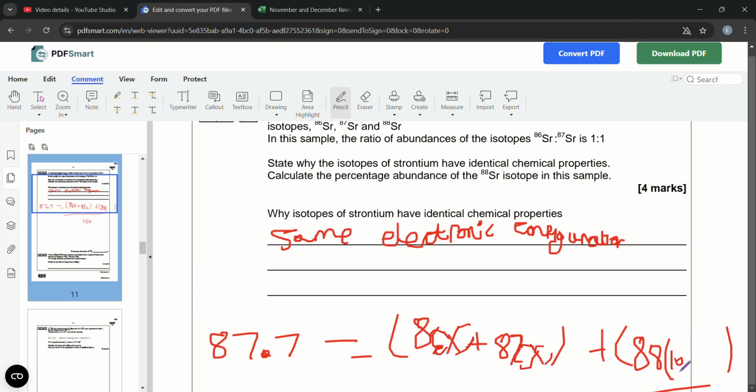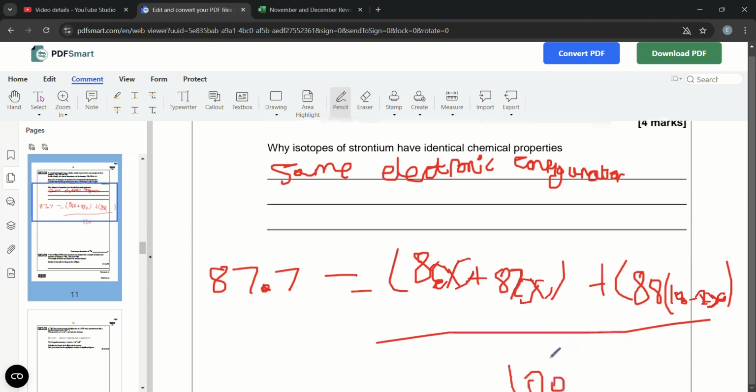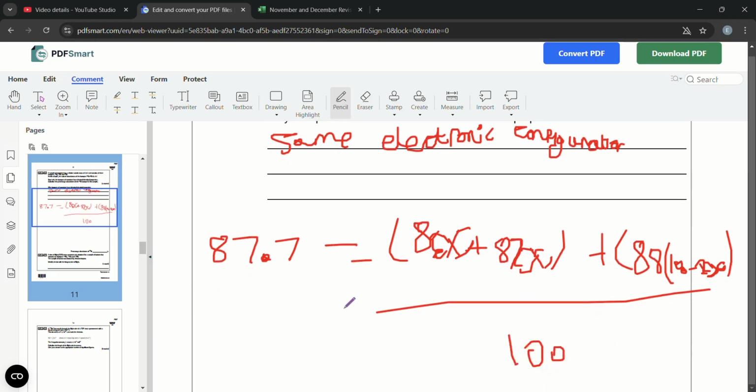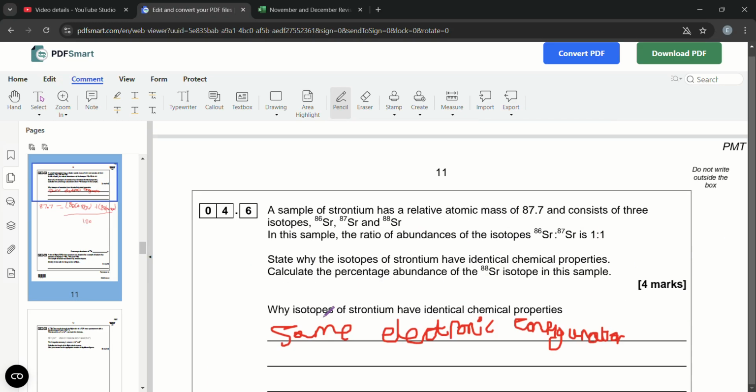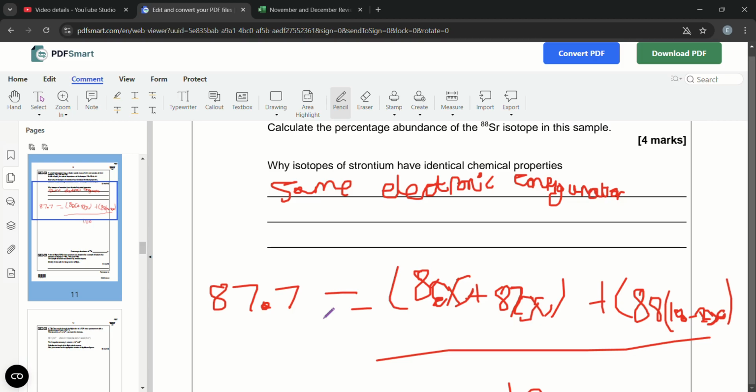So it's going to be 100 minus the 2 x's, all over 100, is equal to 87.7. So now it's just finding out what x is, and then we can find out the percentage abundance of the 88Sr isotope.